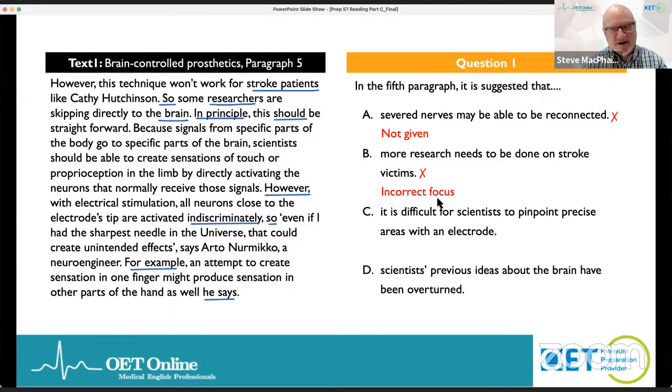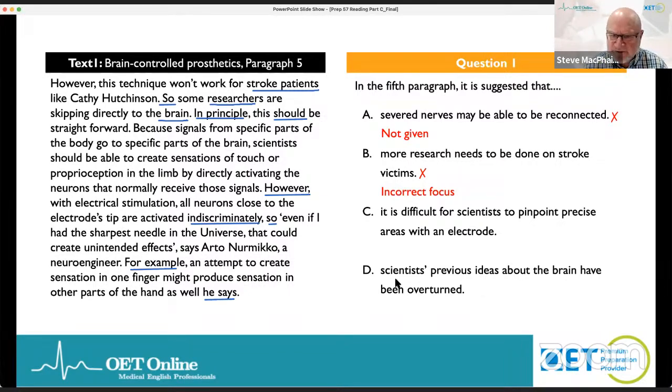It's a classic type of question, everyone. Be careful not to get trapped with these questions where they talk about research, yes, but the subject of the research is wrong. That's understanding. C, it's difficult for scientists to pinpoint precise areas with electrodes. A lot of people are going for C. We'll find out in a minute if that's correct.